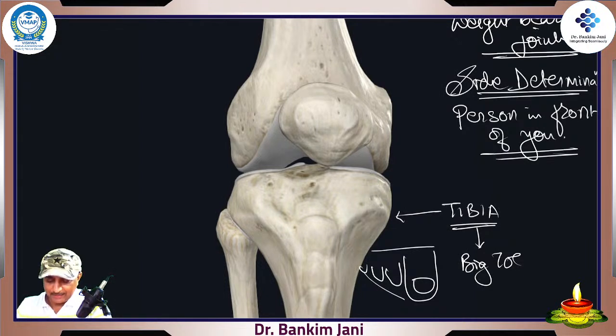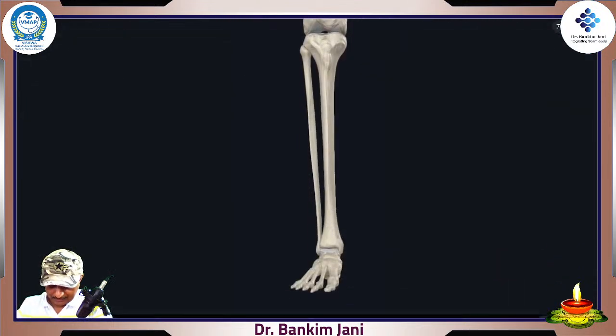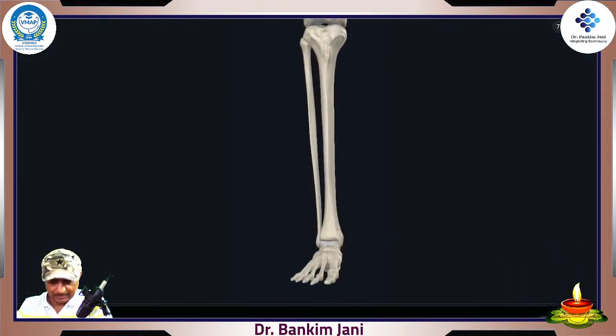See, here it is. Watch this: this person is standing in front of you. So here is the big toe, and that's the tibia. So you are right, this is the right side. So Risha, not left. Think of it like this.